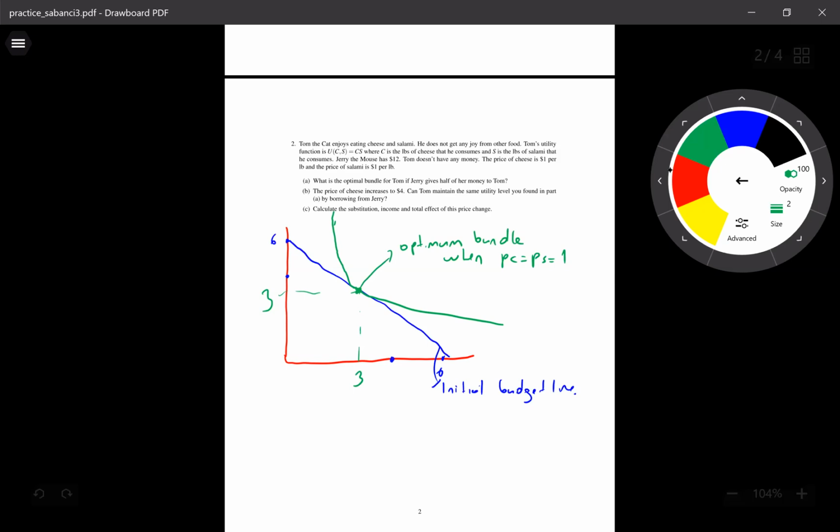The price of cheese is now increasing to 4, so this part will be the same. I need to draw the new budget line. I have an income of 6, the price is 4, so the new budget line should be something like this. This is the new budget line.